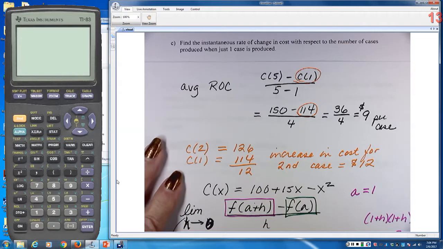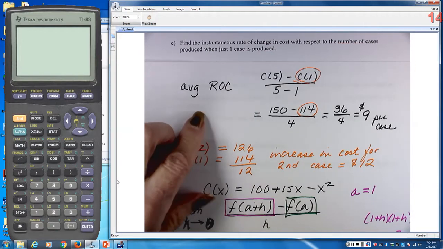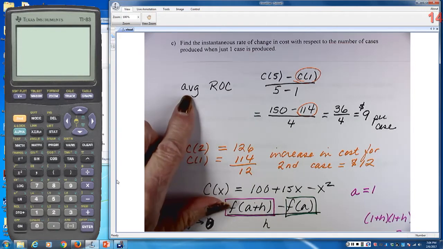Find the instantaneous rate of change in cost with respect to the number of cases produced when just one case is produced.